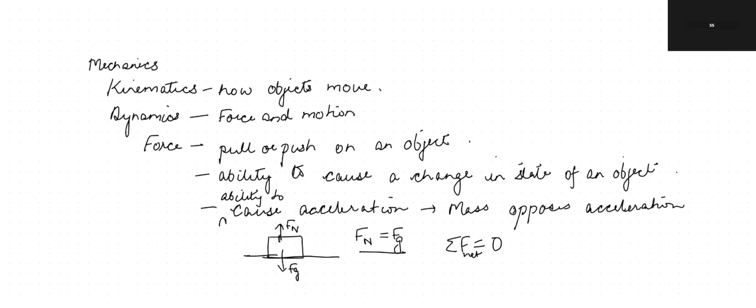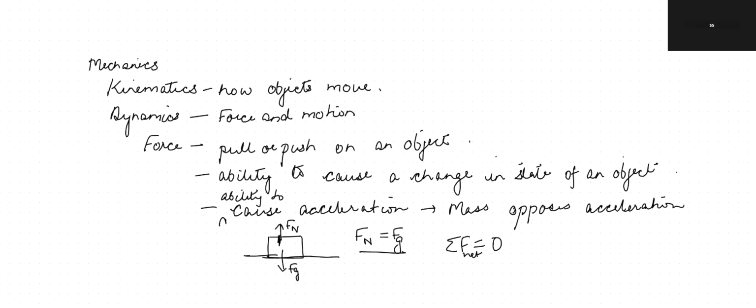So in this case, the upward normal force from the table is equal to the force of gravity, and that's why these forces are equal in magnitude and opposite in direction. That's the reason the net force is zero. So force has the ability to cause acceleration, but it doesn't always cause it.